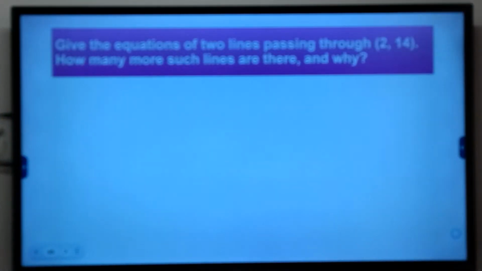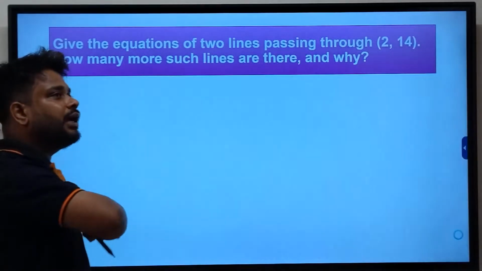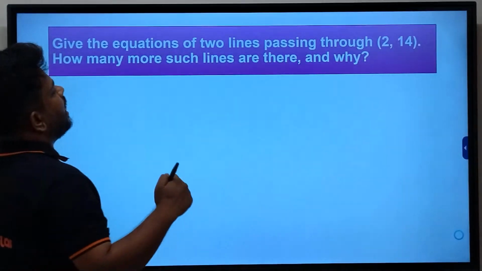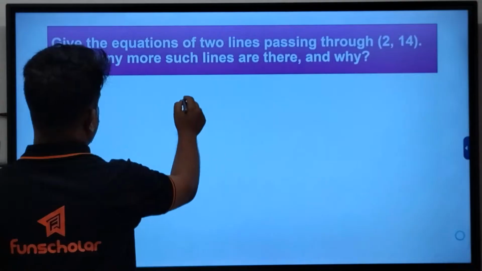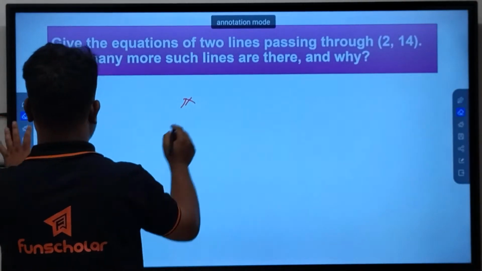Okay, give the equation of two lines passing through 2, 14. How many more such lines are there and why? So, there can be an infinite number of lines passing through 2, 14.